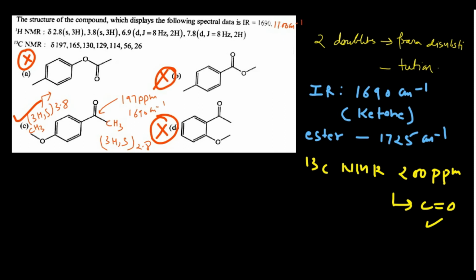This is quite easy, guys. And this you can consider as 1100 centimeter inverse. And what you are left with are the 2 doublets. So again you see here, this carbonyl is electron withdrawing, while this oxygen is actually electron donating.